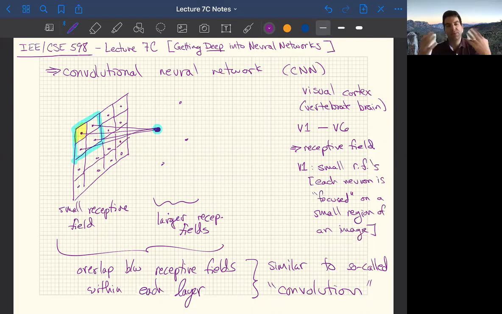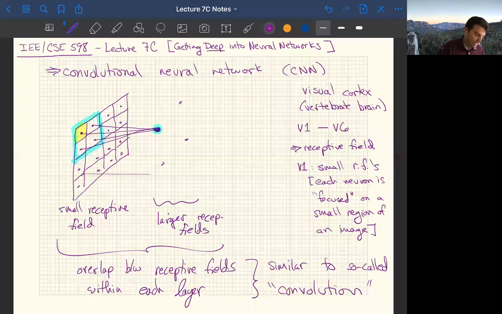And that smoothing of the image, we can think of in terms of filtering. So in some ways, the convolutional network is filtering as you go down through here.